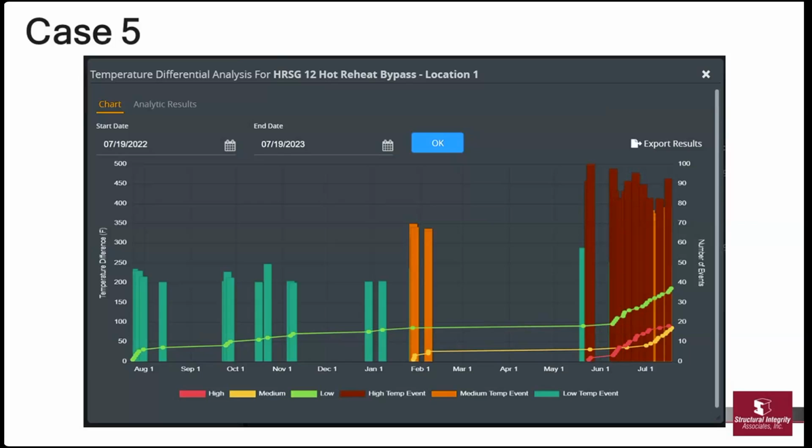So this circles back to looking at this large number of events on the right here. This is for a bypass, not for that other unit, but this is where we would begin the discussion with the operators on, you've got something going on here that needs to be looked at, which would lead to further studies.